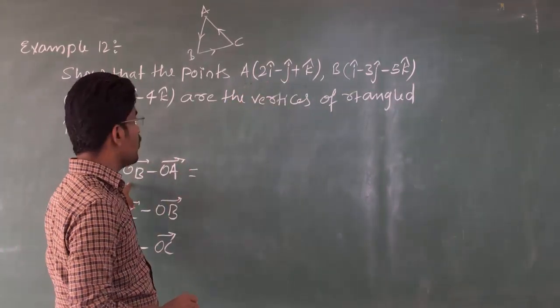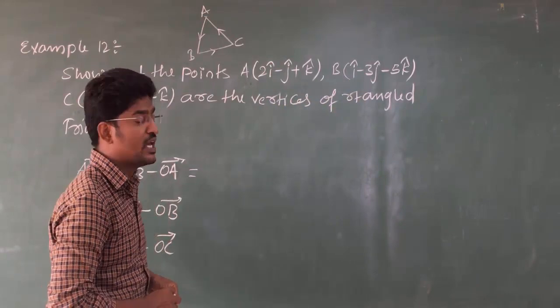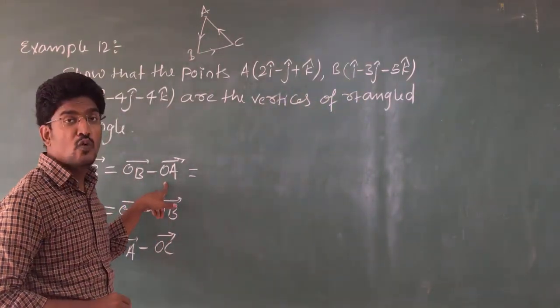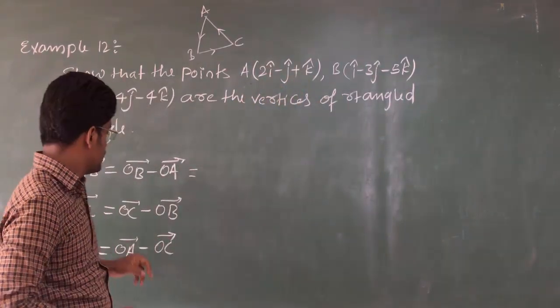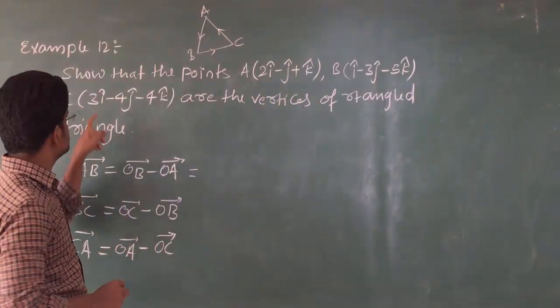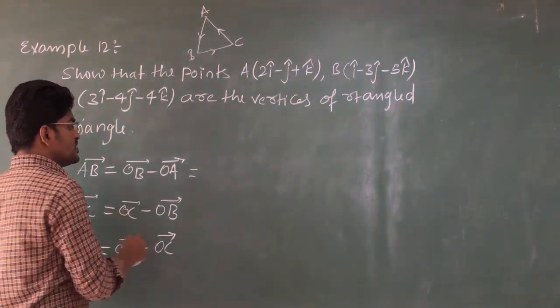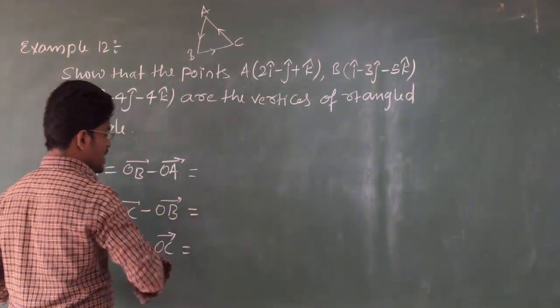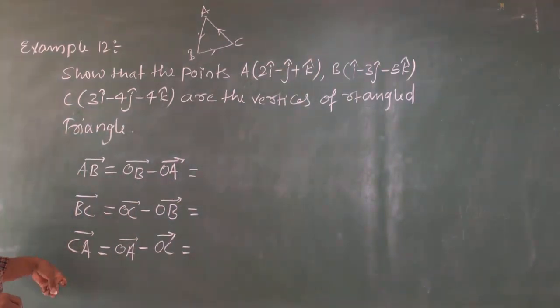Vector OB is nothing but i cap minus 3j cap minus 5k cap. Vector OA means 2i cap minus j cap plus k cap. Vector OC means 3i cap minus 4j cap minus 4k cap. So using these position vectors, you have to find the required vectors AB, BC and CA.